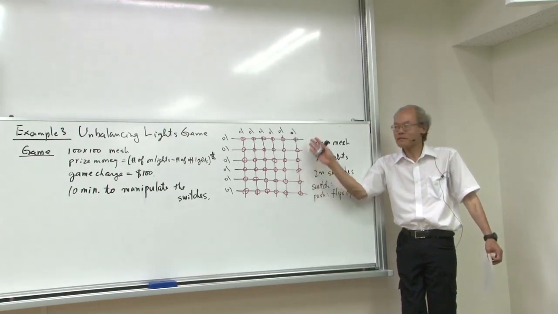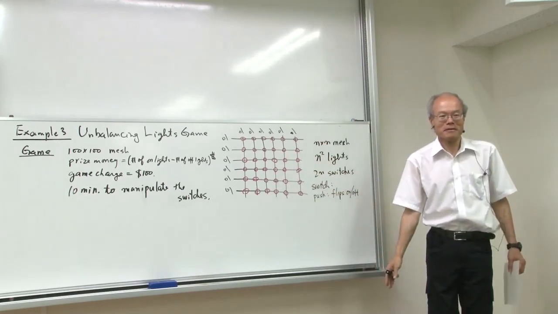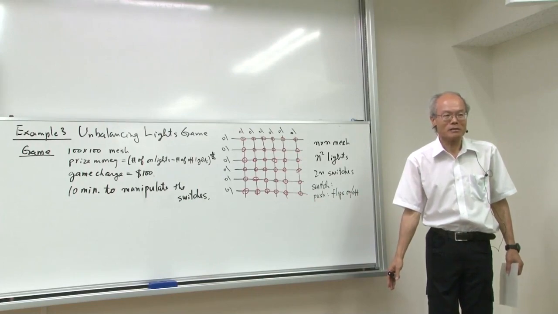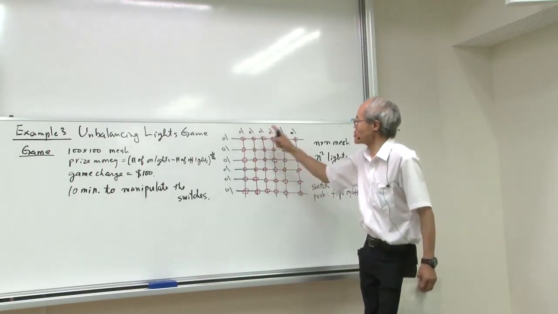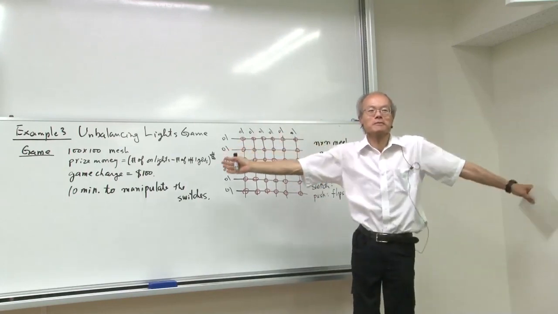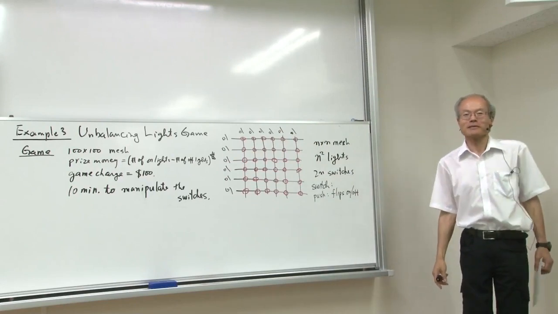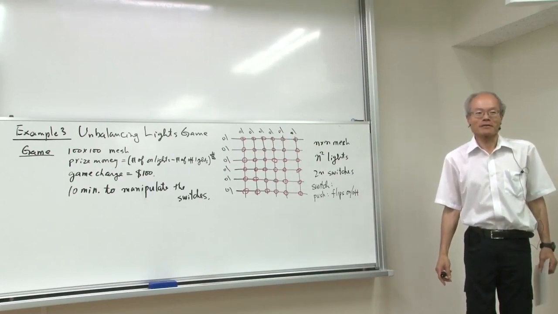What if the initial situation is all off? Again easy: push, push, push, push, push, push. Then it changes to all on, and you again get 10,000 US dollars. Of course. That's why the initial situation should be complicated.